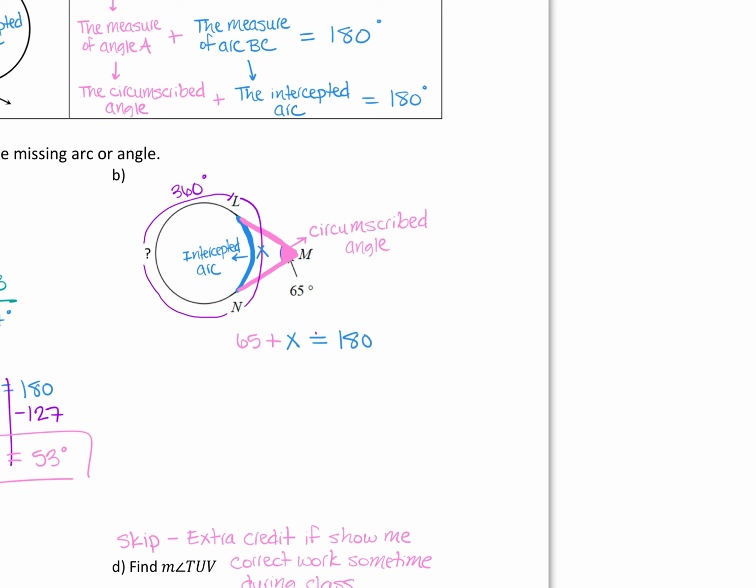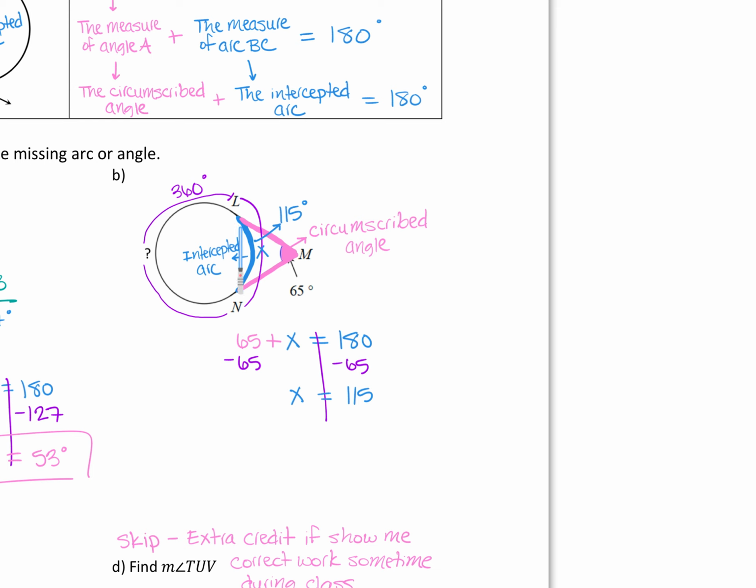So now subtract 65 from both sides, and we get x is equal to 180 minus 65, which is 115. So the intercepted arc is 115 degrees.